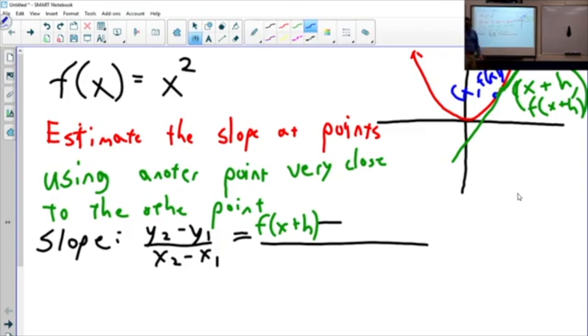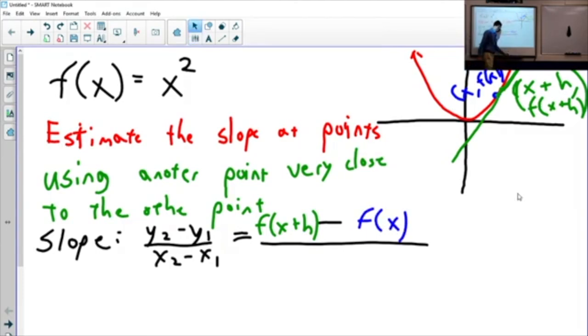Minus the y-coordinate of our blue point is f of x. Over, subtract the x-coordinates. X-coordinate of our green point, our x2, is going to be x plus h. And then the x-coordinate here is just going to be x.